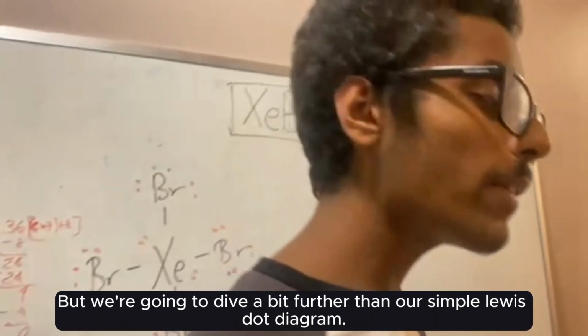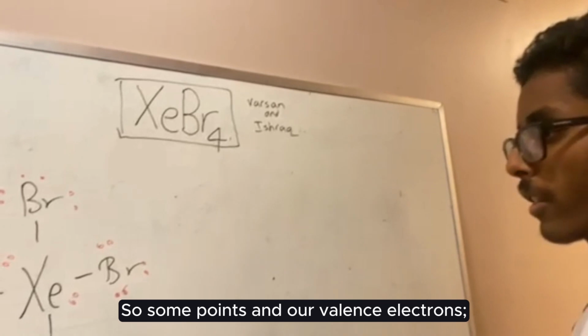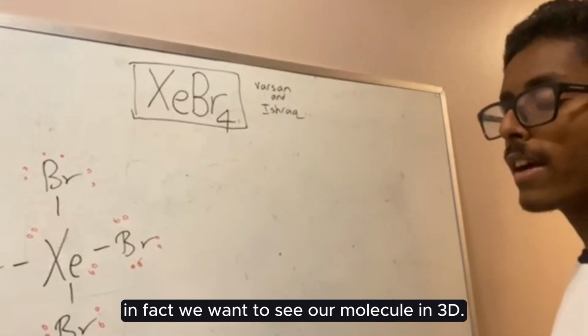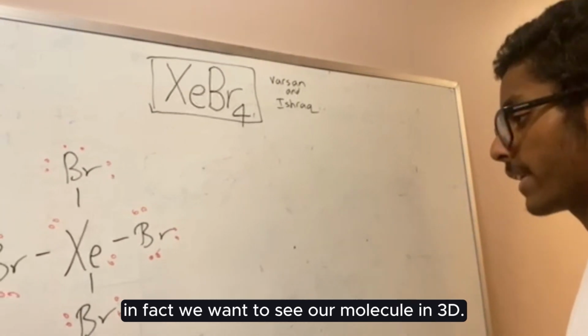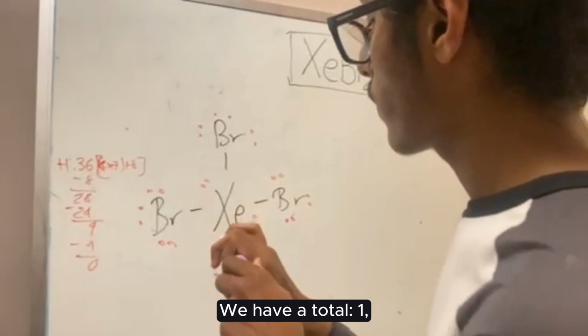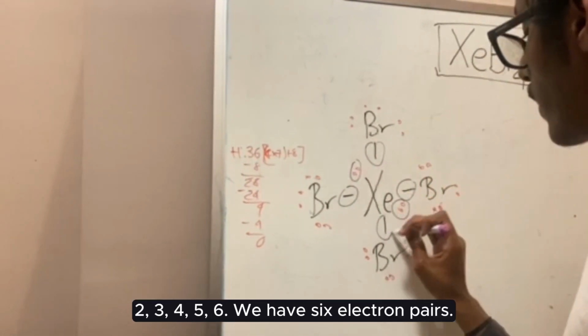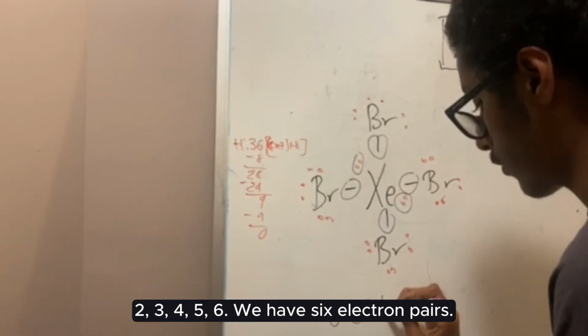But we want to dive a bit further than our simple Lewis dot diagram, looking at bonds and our valence electrons. In fact, we want to see our molecule in 3D. So if you notice around here, we have a total of 1, 2, 3, 4, 5, 6 electron pairs.